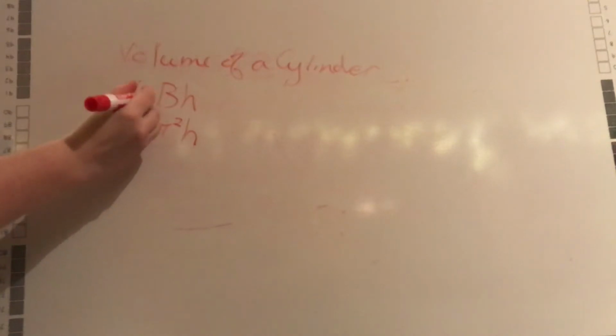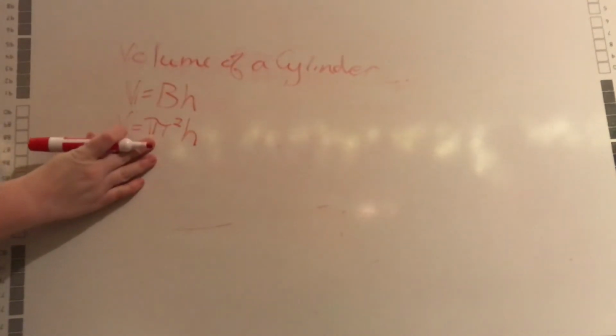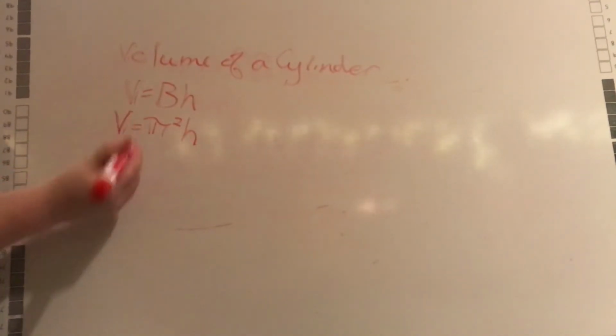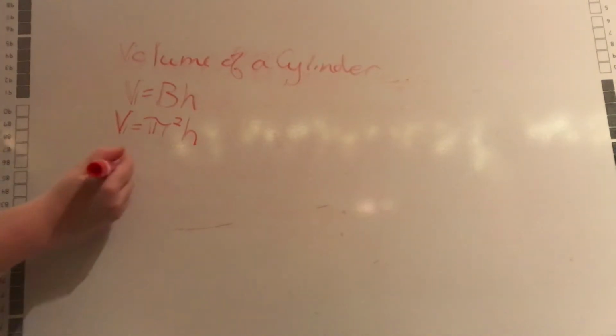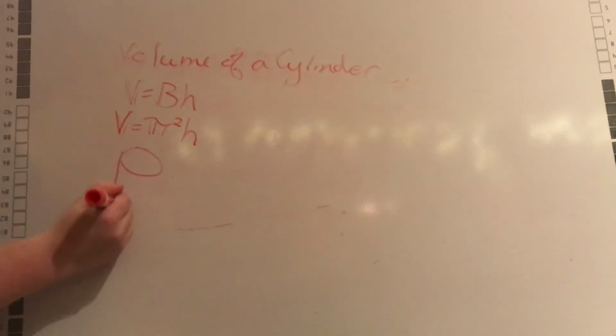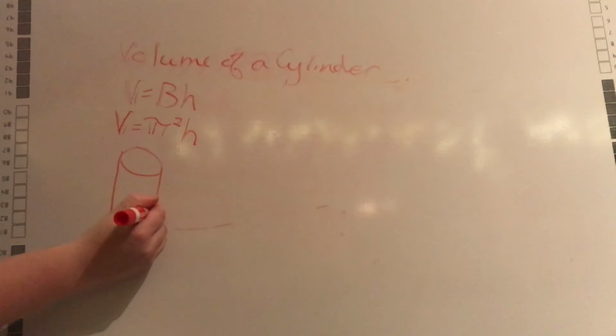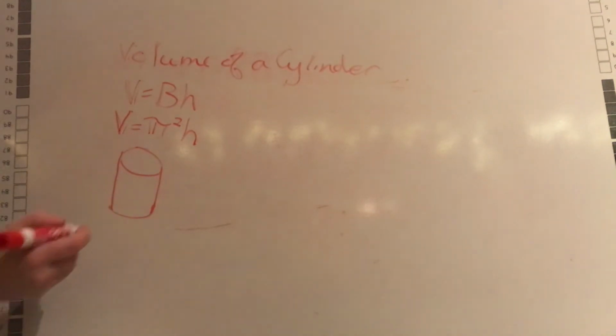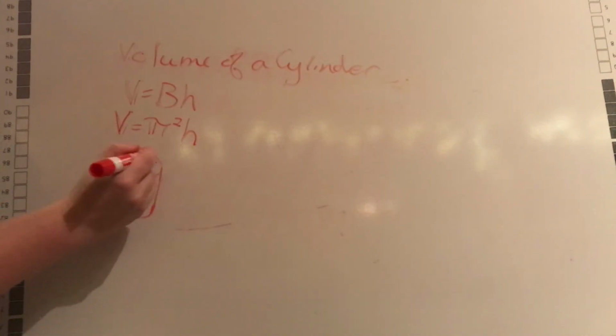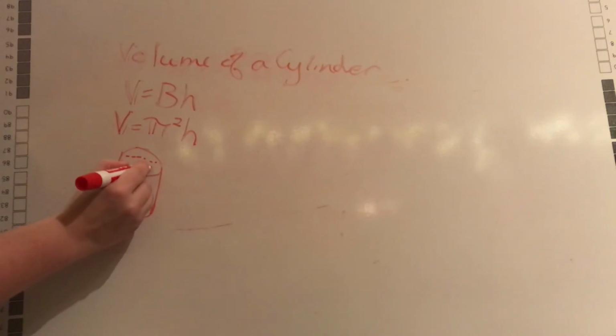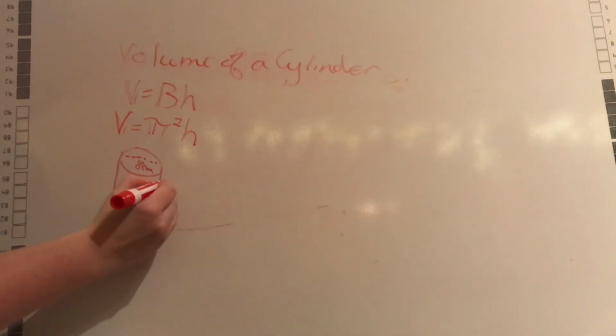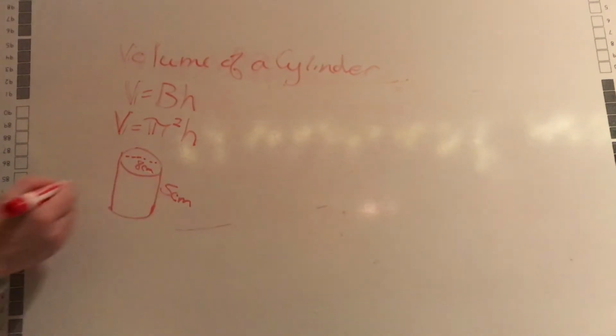Okay, so your base is going to equal pi r squared. It's the area of a circle. So the first one they give us is we have this cylinder and our diameter is 8 centimeters and our height is 5 centimeters.